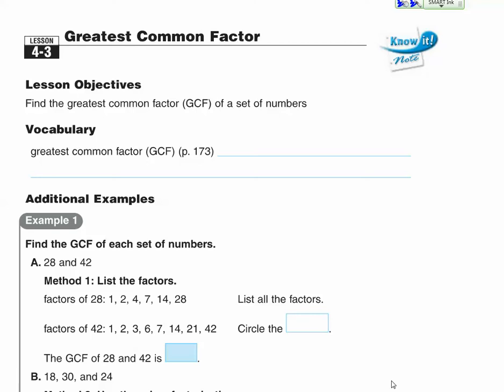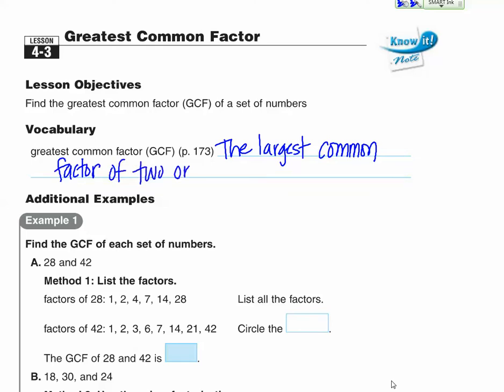We have one vocabulary term that we want to make sure we know the definition of, and that's greatest common factor. The greatest common factor is the largest common factor of two or more whole numbers.